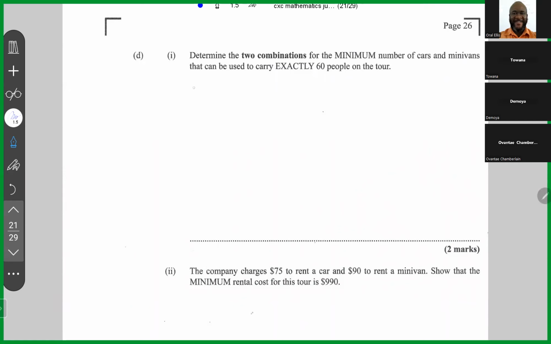The two combinations, the 2 points, are 6, 6, which represents 6 cars and 6 minivans.